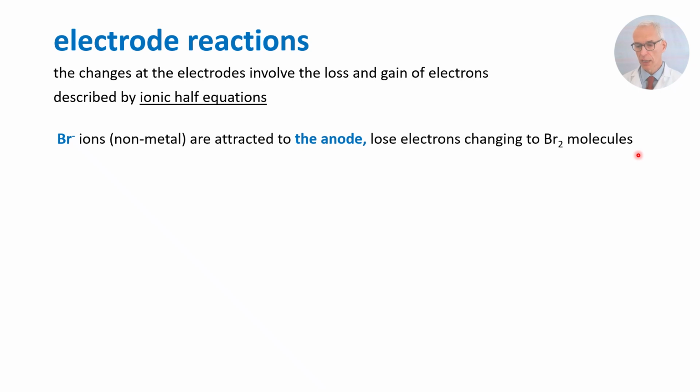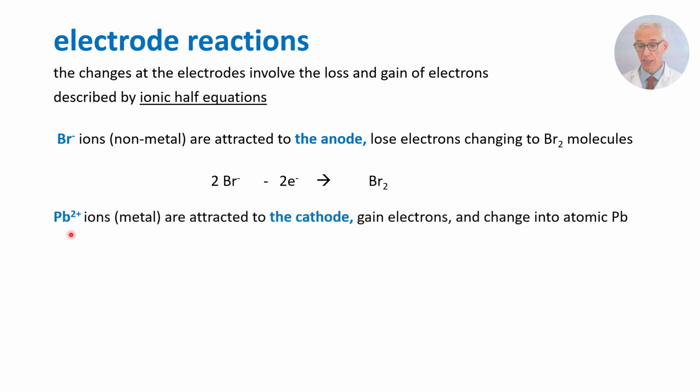So bromide loses electrons to form bromine molecules. Stop the class. Can you write a half equation? Give it a try. Come back to check. Okay, so two bromides, each loses one electron to form bromine, Br2.